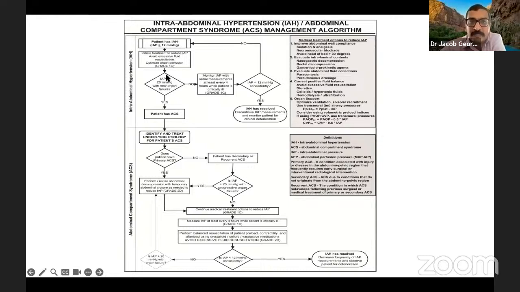But if your abdominal pressure is still high, the patient has ACS, and you have to identify and treat it as fast as possible. Now, if your abdominal pressure is normal, then you just have to monitor it frequently, every 4 hours. And if it remains low, then the IH has resolved. Now, if you have an ACS, whether it's primary or secondary, you have to see if any organ dysfunction is there or not. And once you have organ dysfunction, you have to optimize all the medical options that you have. But if it's still persisting, then you'll have to go ahead with a surgical decompression.